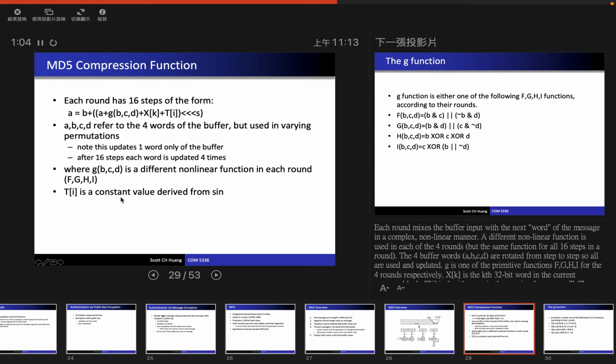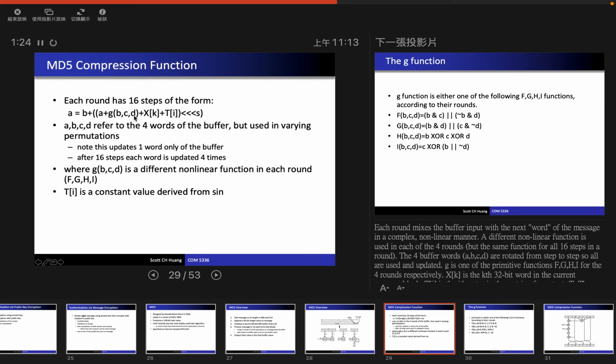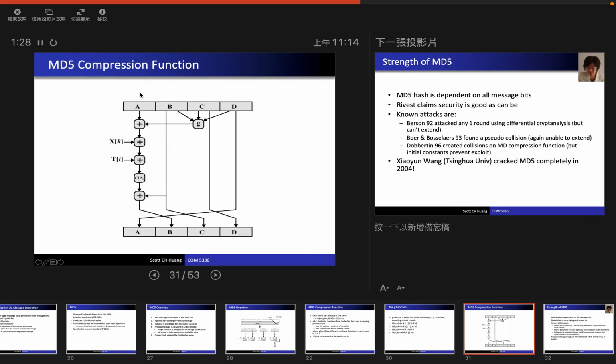This small g varies depending on the round; there can be either one of the functions big F, big G, big H, and big I. And this A, B, C, D are the four words of the buffer, A and B and C and D, four words.